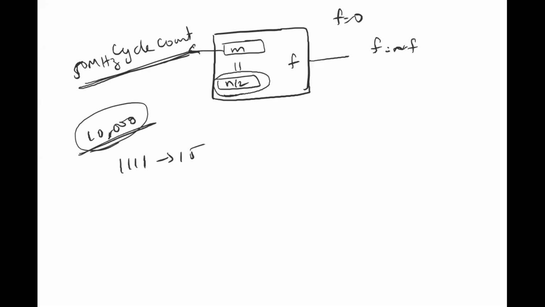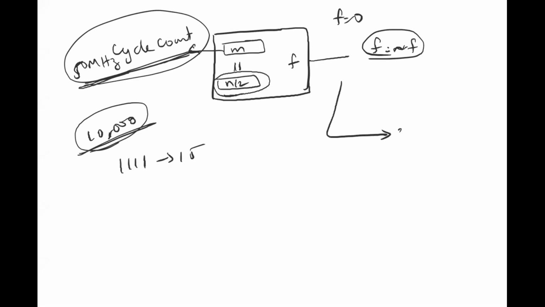So you want your counter that is present here to be of that width, and that counter keeps on counting your cycles. You constantly keep comparing it to the value of n by 2, and whenever you hit the value of n by 2, you just flip your output, and this particular flipped signal is basically going to be the clock for the exact circuit you designed in week 1.